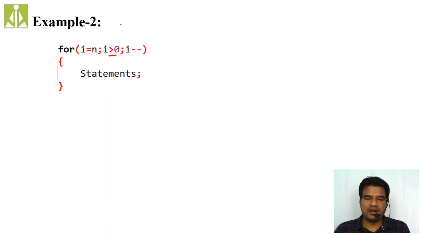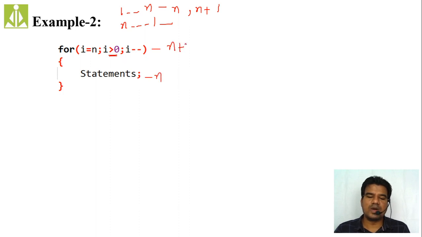So in this case, we are going in reverse, n to 1. In the previous case, we went from 1 to n. There we said the total number of internal statement executions is n and the condition executions is n plus 1. So here also, whether you go in the forward direction or the reverse direction, in both cases the internal statement execution will be n and the condition execution will be n plus 1 only, because it has to consume 1 unit of extra time to check the false condition as well.